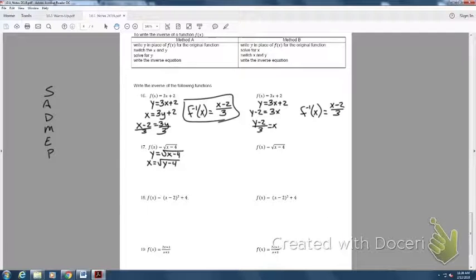So because that minus 4 is inside, I've got to get rid of that radical before I can add 4. So now that radical is off, and then I would add 4. So y equals x squared plus 4, sorry. And so that would be the inverse.